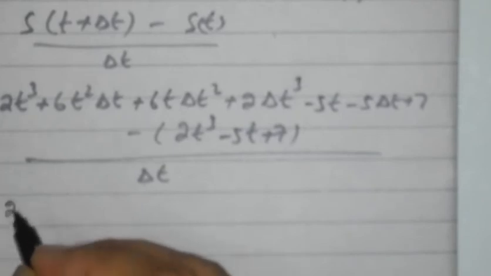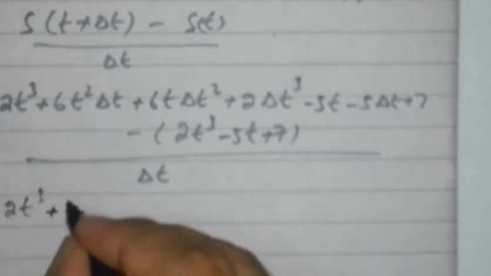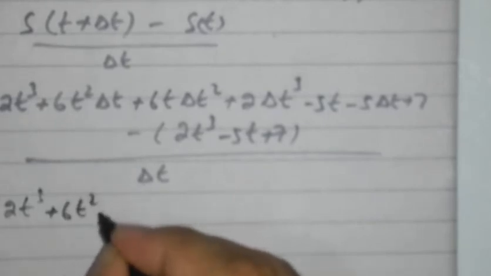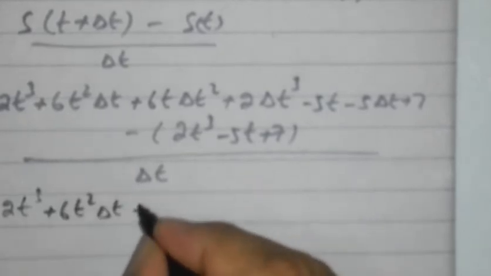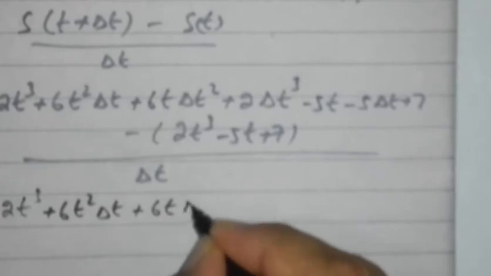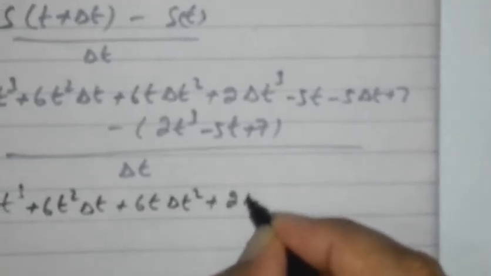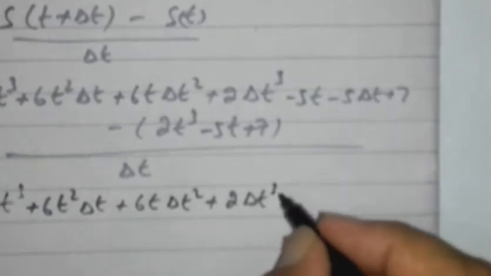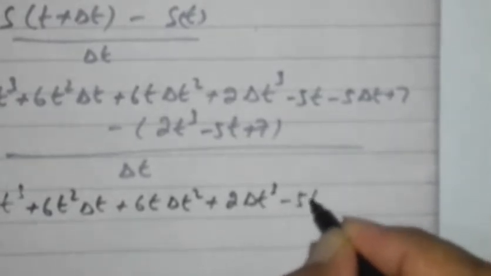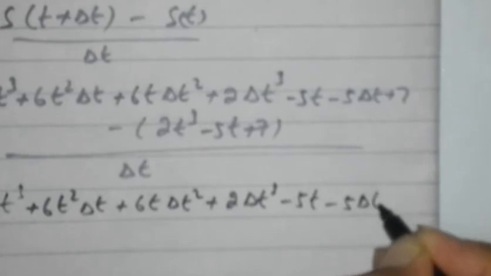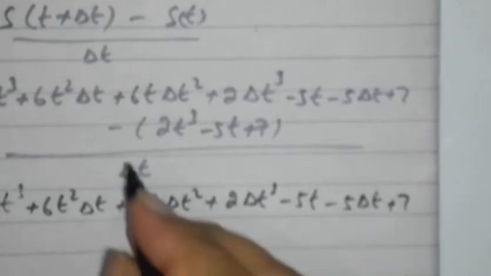Further we can write it as 2t cube plus 6 t square del t plus 6t del t square plus 2 del t cube minus 5t minus 5 del t plus 7.